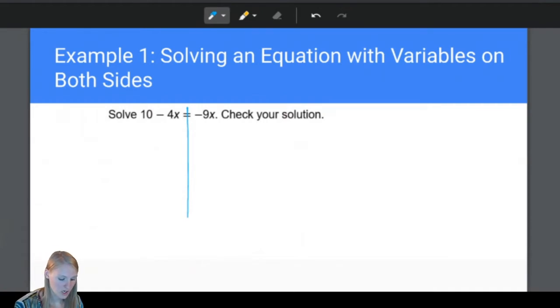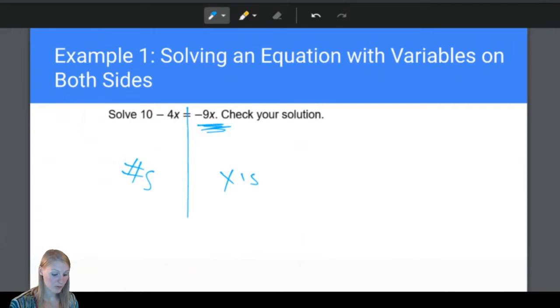So, because when I look at this side of the equation, all I see is negative 9x. That's a variable with a coefficient, but it has an x. So I am going to decide that all the x's are going to go over here. And all of the numbers are going to go over here.